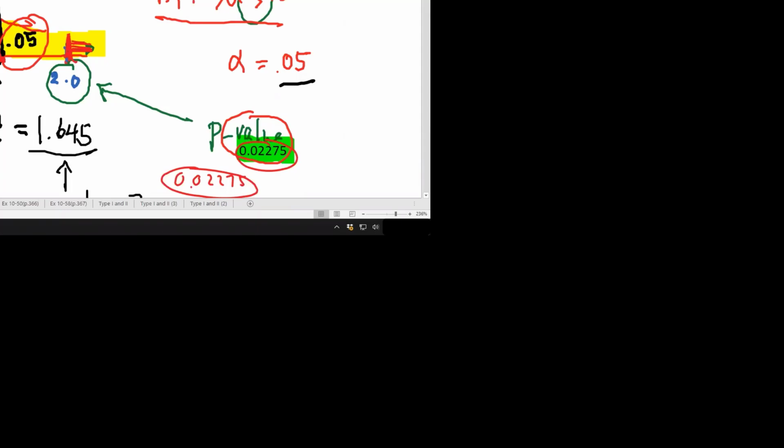So when the relationship between the p-value and alpha is this, meaning if the p-value is less than the significance level, that tells us that the computed statistic is inside the reject H0 region. Okay?